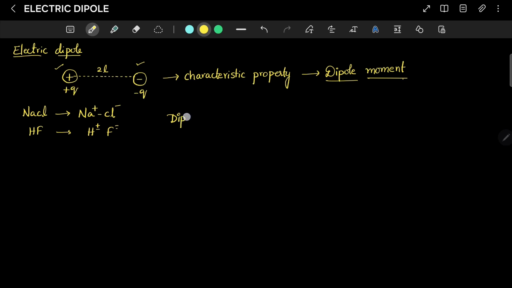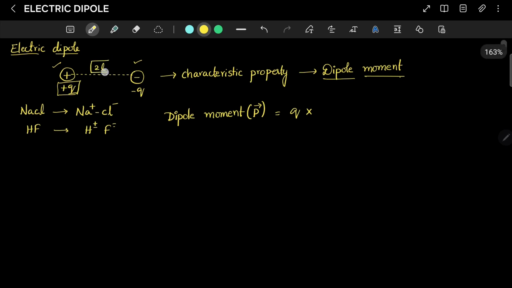Generally, this dipole moment we represent in physics with the symbol P vector. Mathematically, by definition, it is equal to the product of charge with the separation between the two charges: Q into 2L.